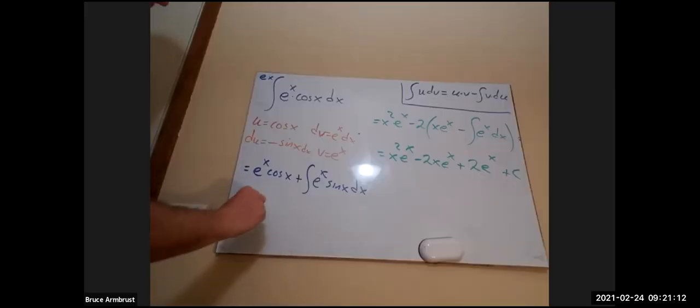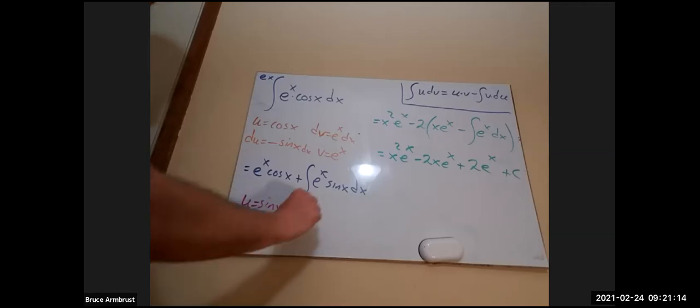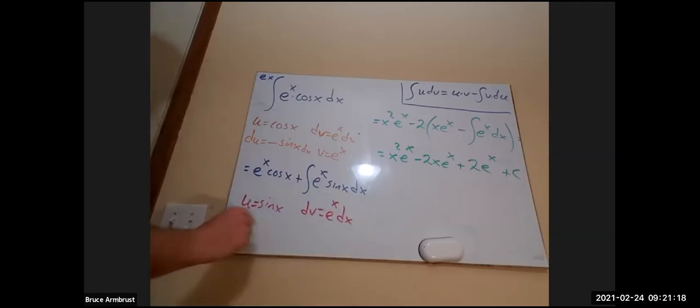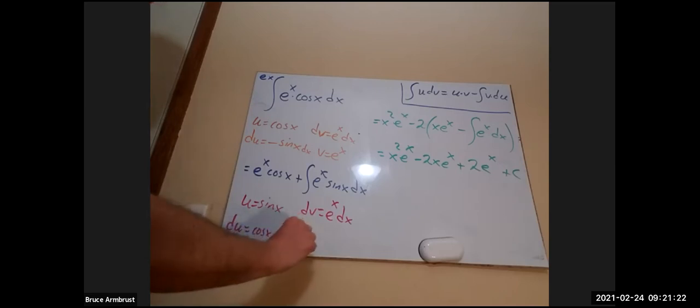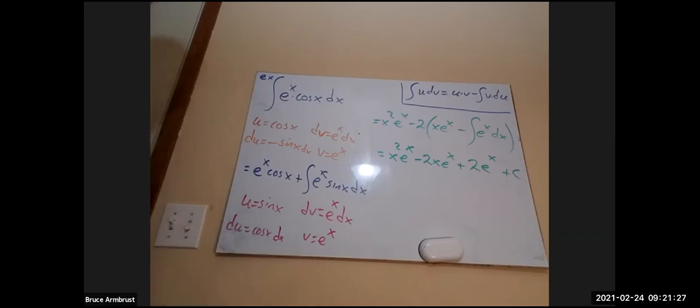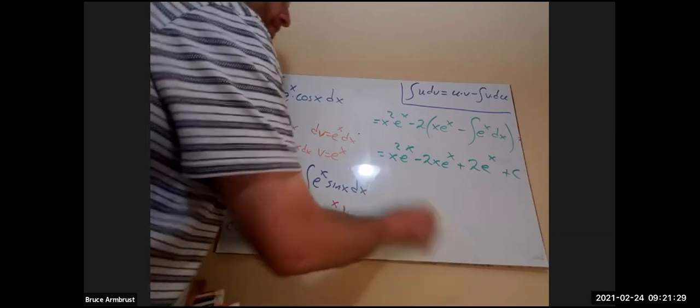Yeah, it is. If we do this, say, okay, well, let's let u equal sine of x and dv equal e to the x dx. Then du is cosine x dx and v is e to the x. All right, so let's put it in.